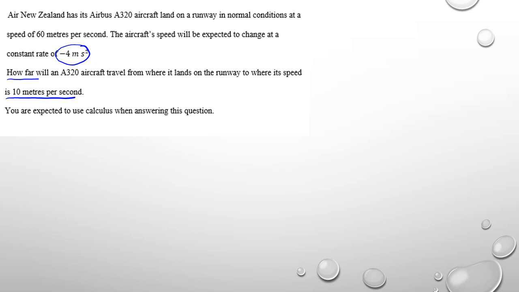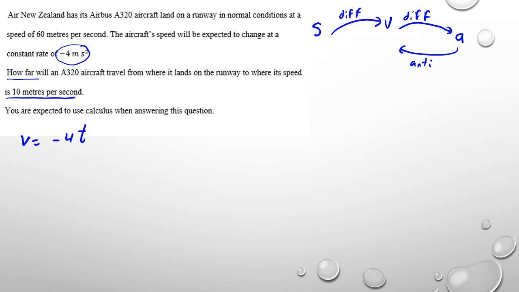So the first step is you need to find, remember the rules: we have distance, you differentiate, you get velocity, you differentiate, you get acceleration. Now we are here, so we need to anti-differentiate. So the velocity is -4 with respect to t, plus c.